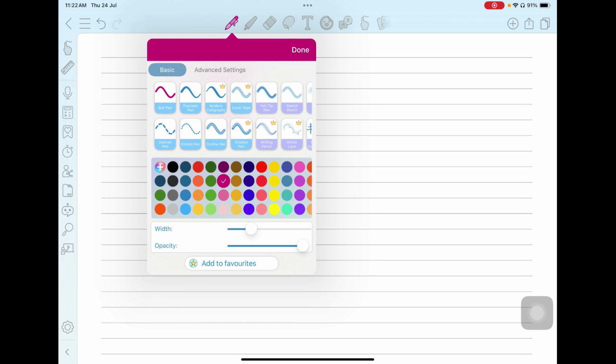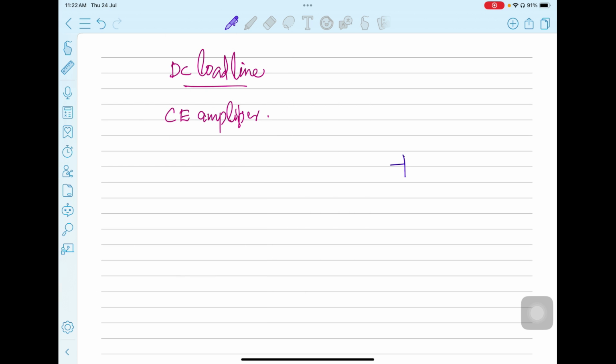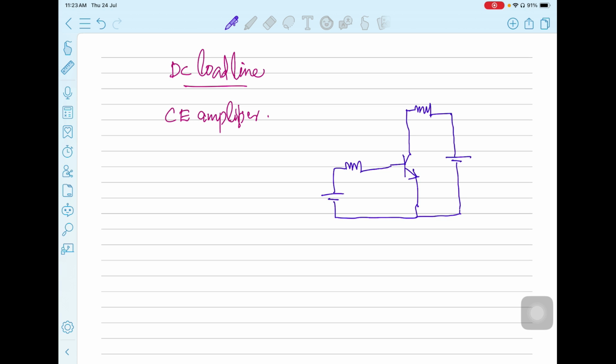I can draw an amplifier like a common emitter transistor, and on the input side a resistor if you need, and a forward bias condition over here, and to the collector side again I can give one resistor, and also on the collector side I will put a reverse bias.